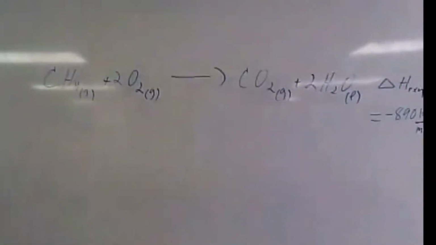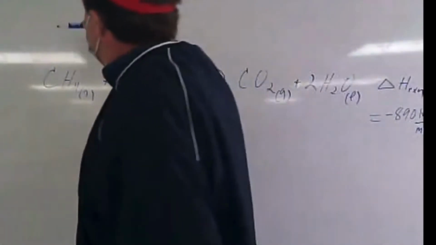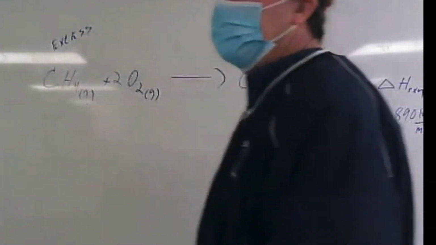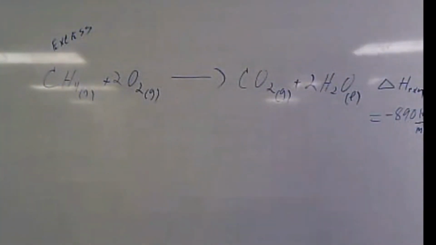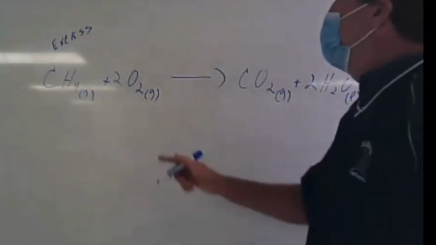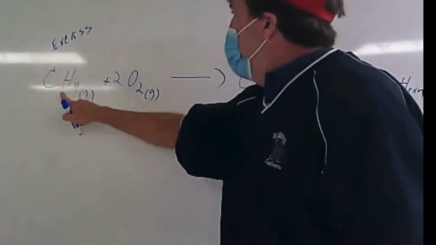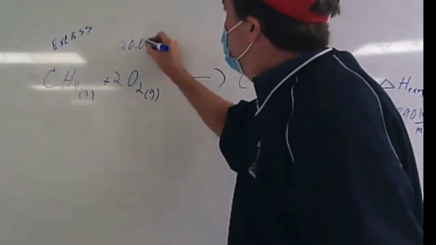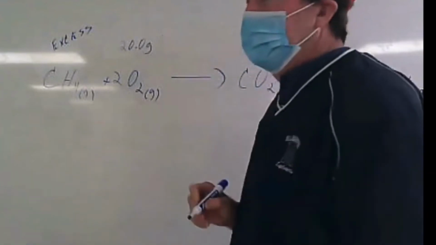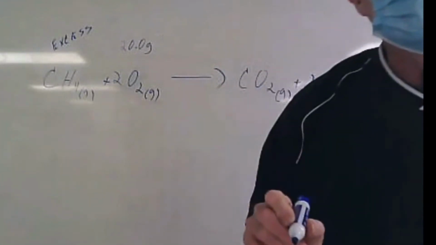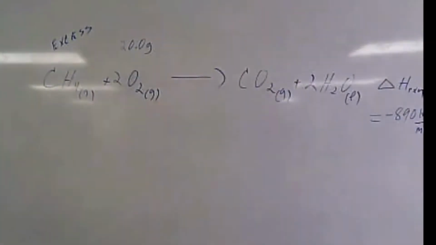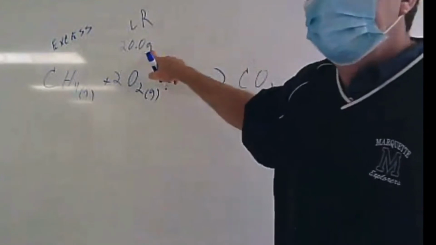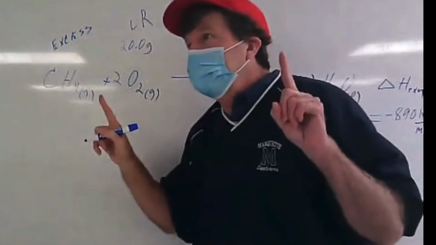And let's do a practice. Okay? So let's say that this is in excess. And let's go with, we're going to combust methane with oxygen, and let's go with 20.0 grams of O2. How much heat is going to be released if, and remember, obviously that's limiting, so that determines the amount of product. Hey, you guys, look here.